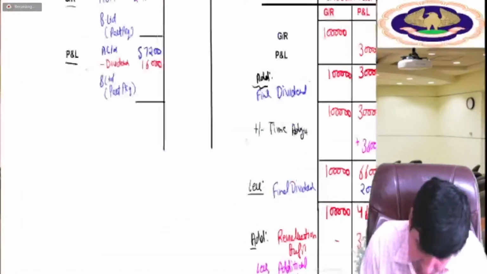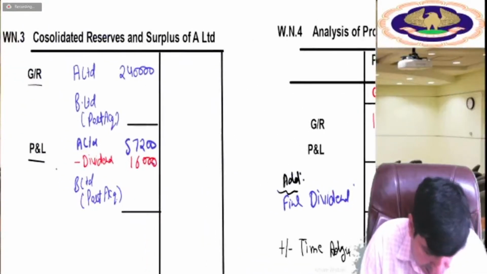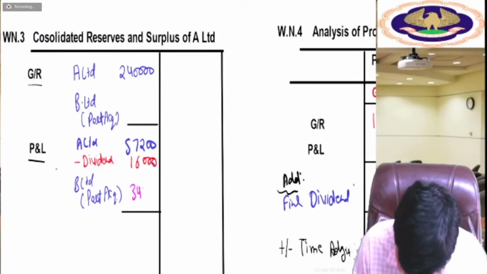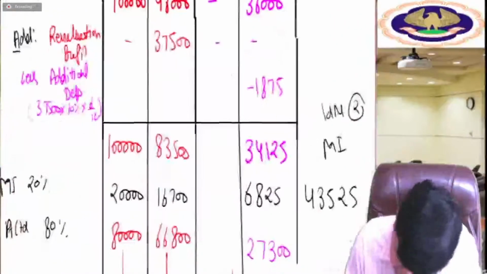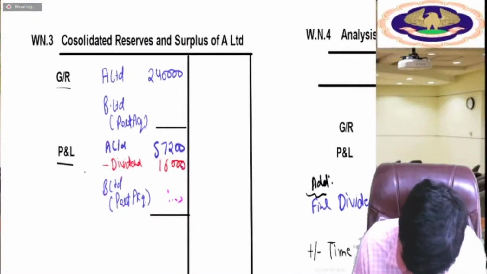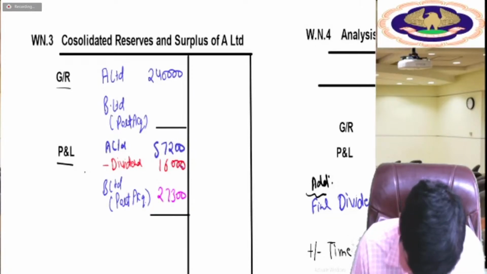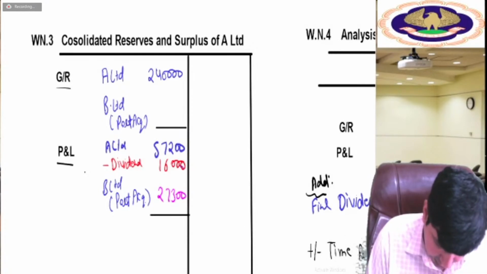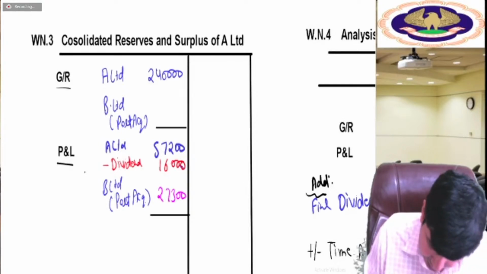Okay, beta, in P&L. So, from subsidiary, the post-acquisition profit is there. The figure was 27,300. Okay, 27,300. So 2,40,000 plus reserve is not there.